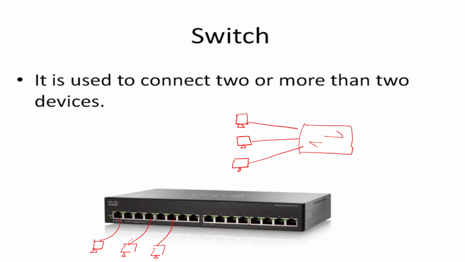So a switch is also used to connect multiple devices together to form a network. The difference between hub and switch we'll discuss later, because both are used to connect multiple devices, right? So the difference we will discuss later.